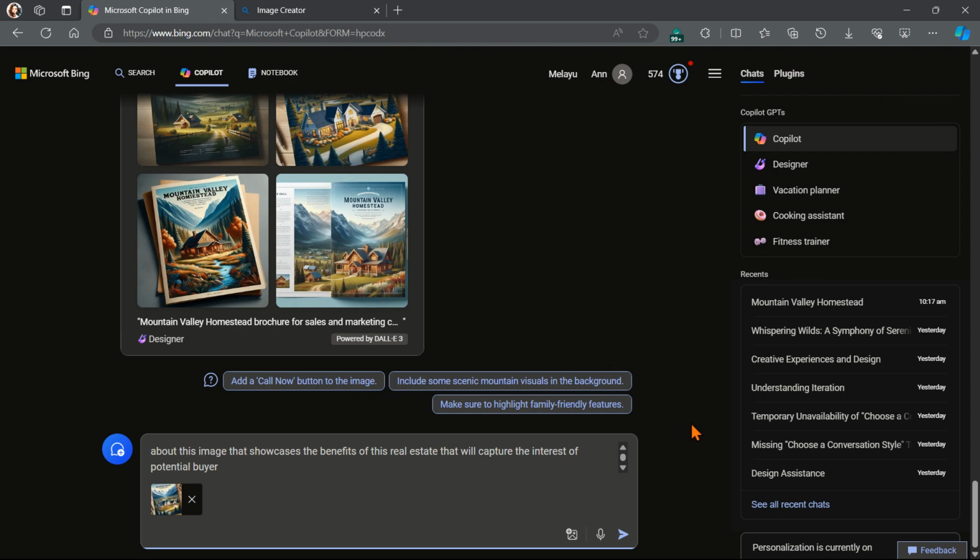So what I'm trying to do now is assign Copilot a new role. You are now a newsletter writer. Based on this given image, can you please write an article about this image that showcases the benefit of this real estate that will capture the interest of the potential buyer? Okay, so I'm going to try now.